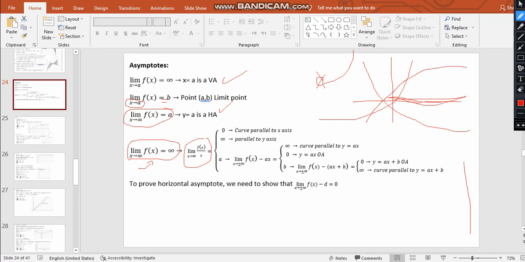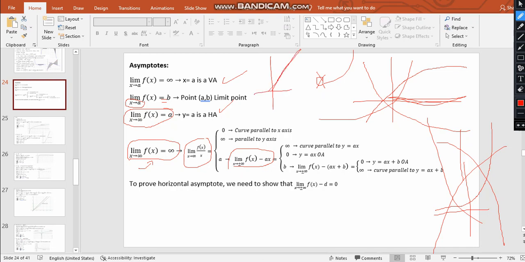If it's infinity, it will be like the exponential that we saw before. It will be parallel to the y-axis, either from up or from down, as it goes to infinity. Now, if it is equal to a, a number, you go and do the limit as x tends to plus or minus infinity of f(x) minus ax. If you get infinity, the curve y = ax is parallel to this curve.